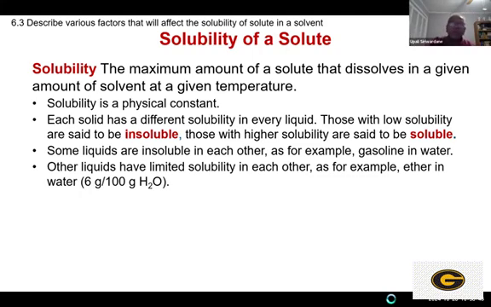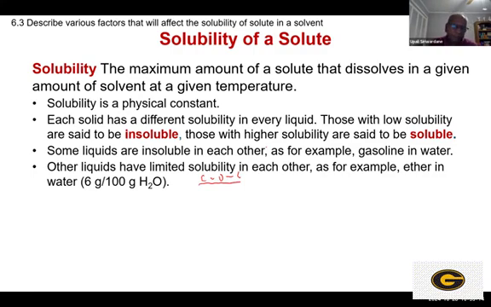Other liquids have limited solubility in each other. For example, ether is an organic compound with dipoles. Ether has this dipole, oxygen carbon.